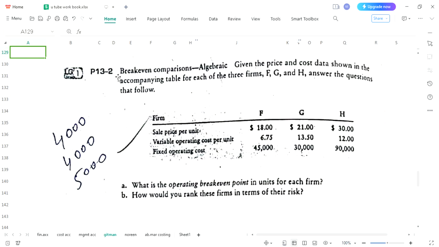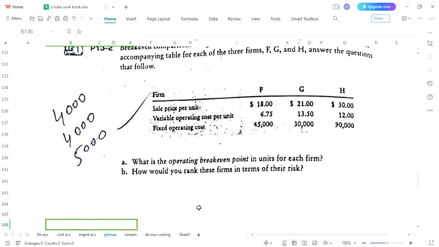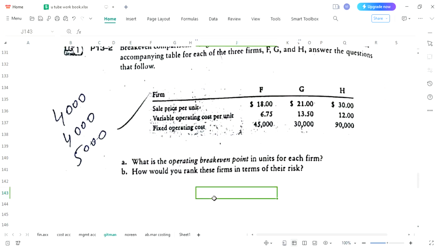This particular question is specifically associated with break-even point, and we have already discussed in the first question that break-even point is basically a point where you are not getting any profit and you are not getting any loss either.